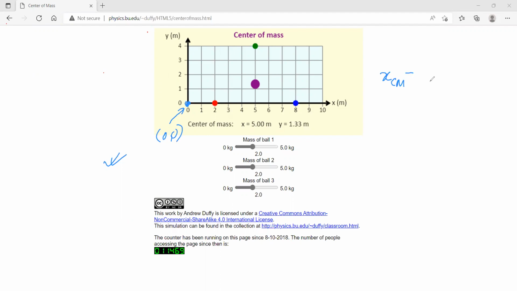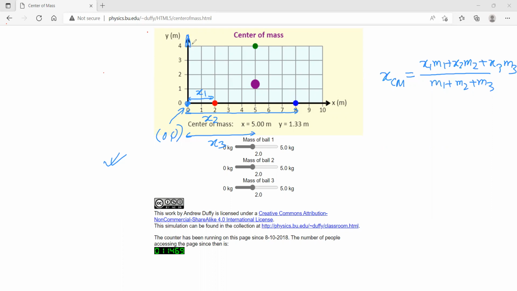So XCM will be x1 m1 plus x2 m2 plus x3 m3, divided by m1 plus m2 plus m3. Now, what is x1? This is x1, and this is x2 and this is x3. This is our reference line for x.